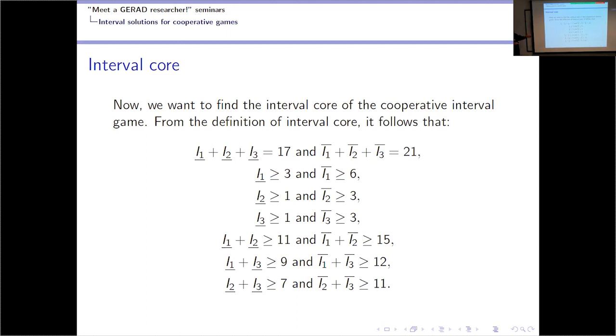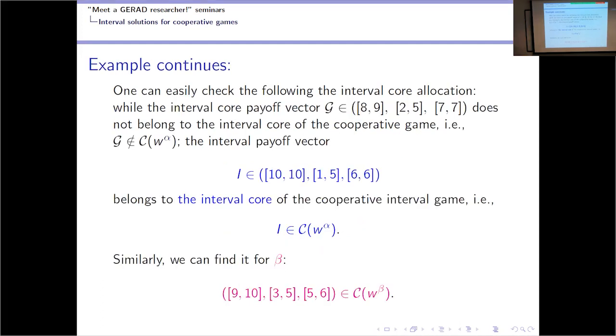So when I compute these problems, you will get, for example, for W alpha, this interval payoff vector, and this interval payoff vector is an element of core W alpha. And similarly, we can find it for beta, which is here.